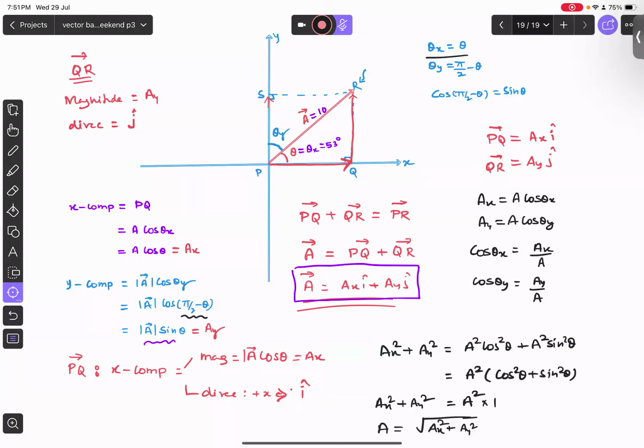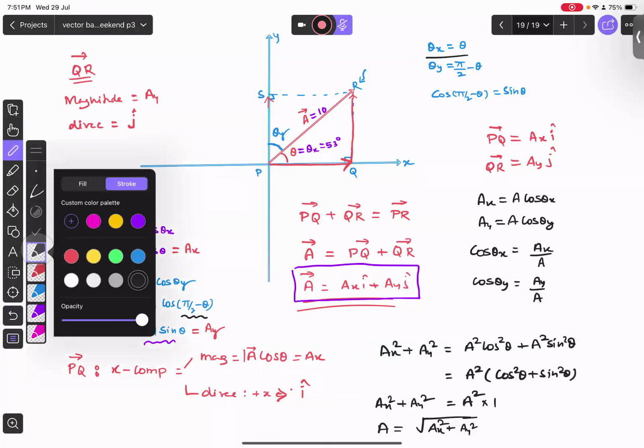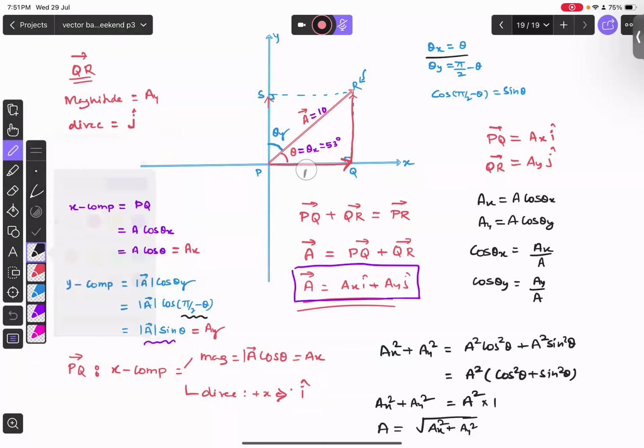Okay, I hope this thing is clear to all of you. And also you don't have to use these things. What is the length PQ? AX, I'm calling it. And what is the length QR? AY. So I can use Pythagoras also or not. What is our vector PR?